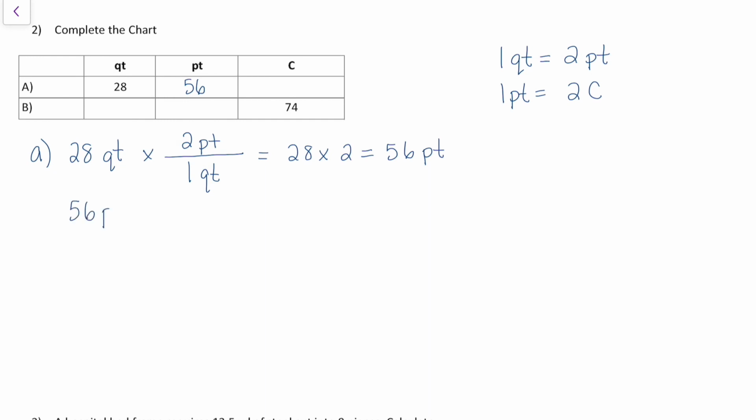And then to get to cups, I'm going to put my pint on the bottom, my cups on top, and do 56 times 2 is 112 cups.